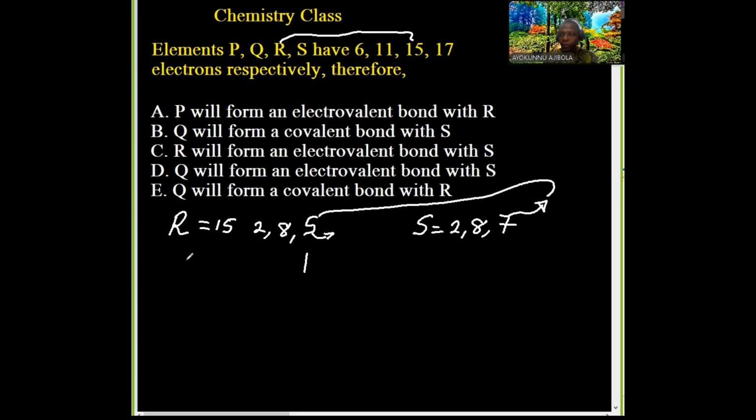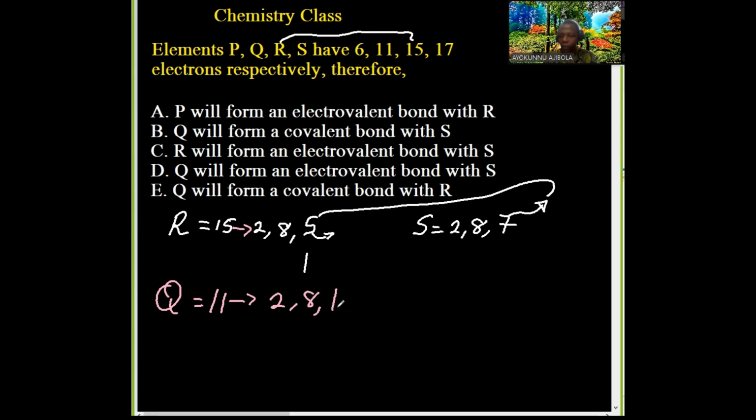Now let's consider option D. Q equals what? 11, right? Q is 11. Yes, that's it. Which is 2, 8, 1.